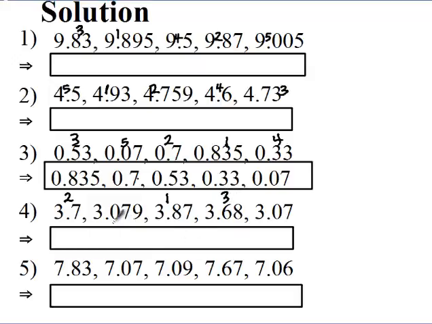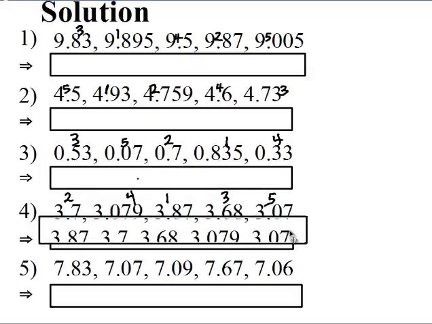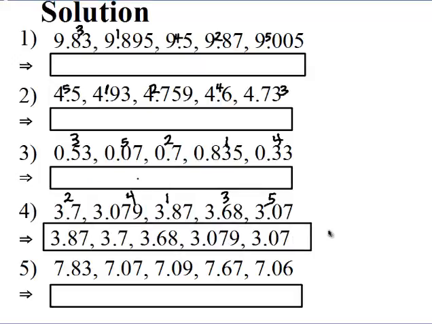Now we have 0 and 0 here. We move on to their 100th column, 7 and 7. Then let's move on to their 1000th column. This has 9. This has no number, so it's 0. 9 is bigger than 0. And that gives us the descending order of these decimals.